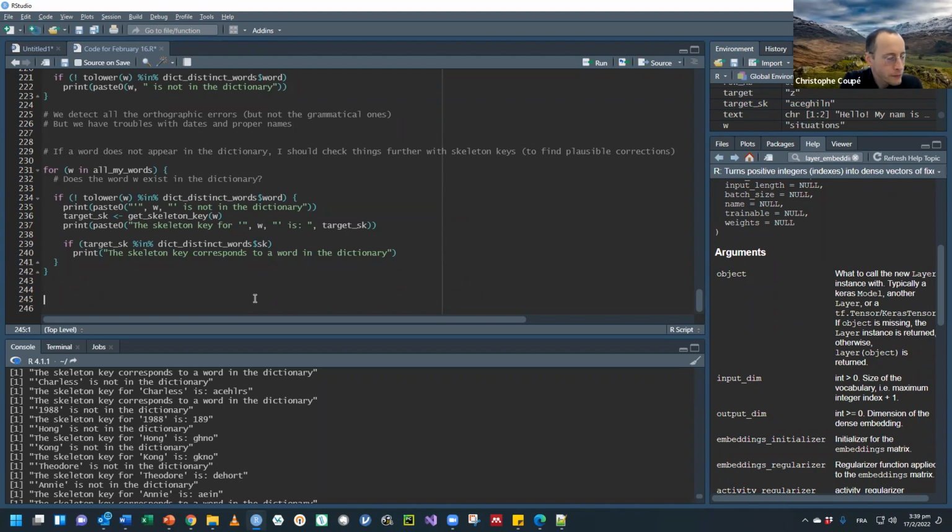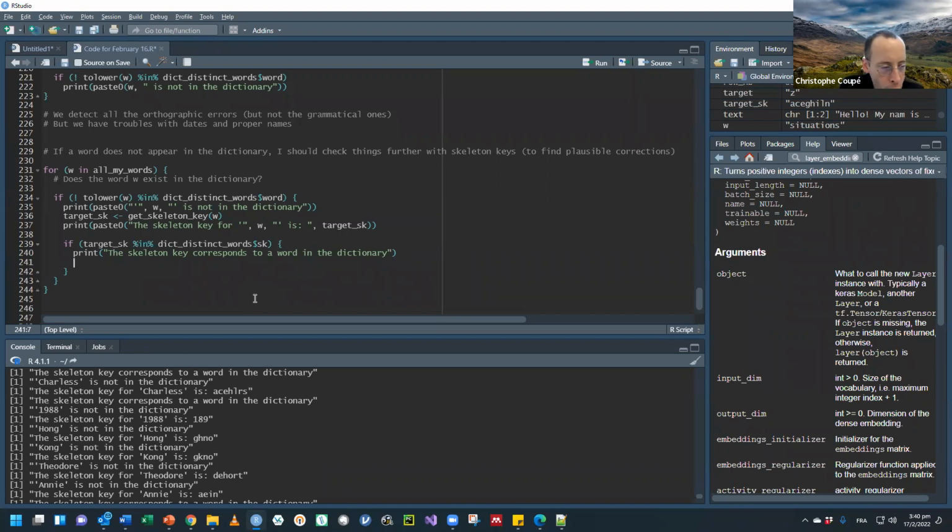So for that, each time that we find the skeleton key in the table, we should return the corresponding word. So what we can do, we can add a few more things here. I use this bracket because I want to put more than one instruction. If I have only one instruction, I don't need the brackets.